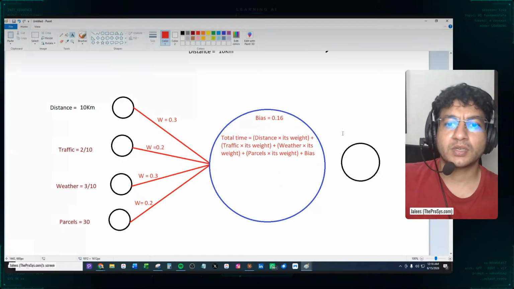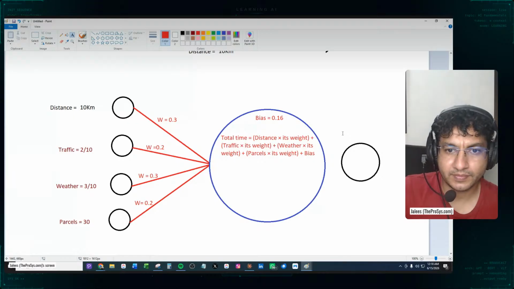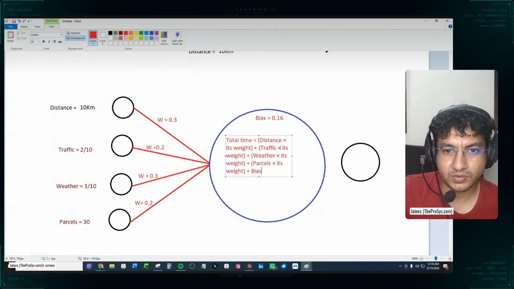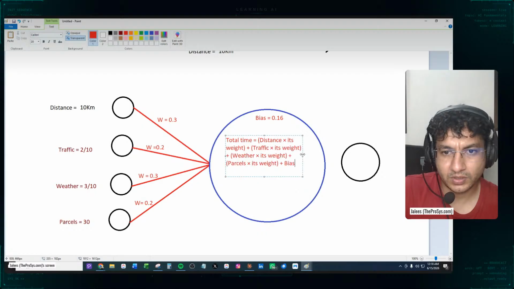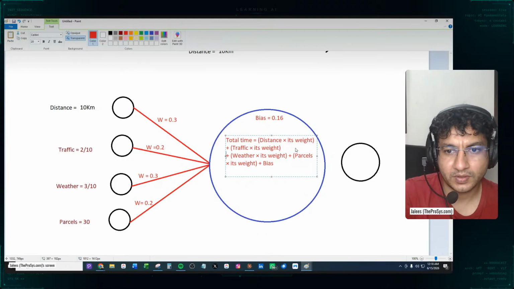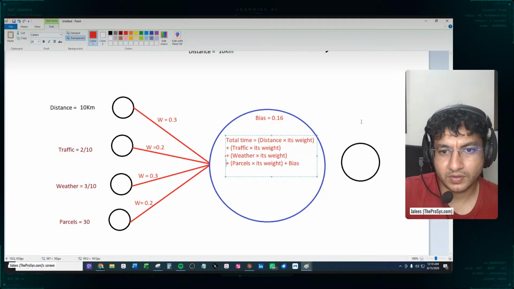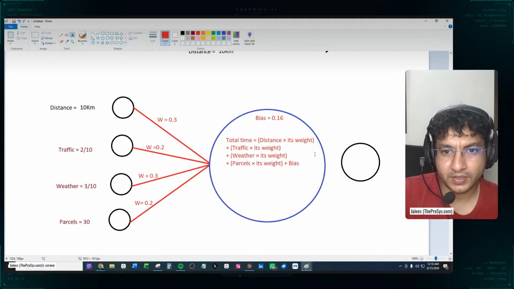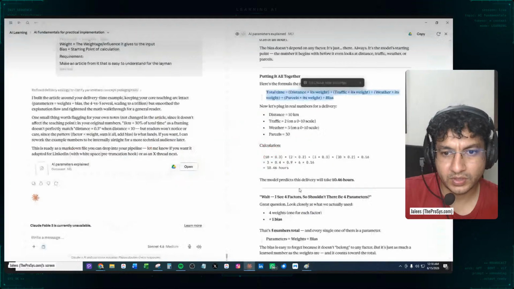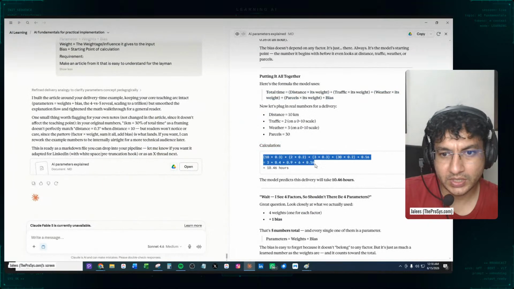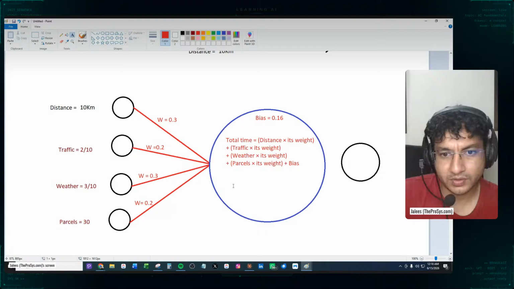That's how it is calculating, okay. I think this is well enough, this is good enough, right? So then there's the calculation we are going to do here.